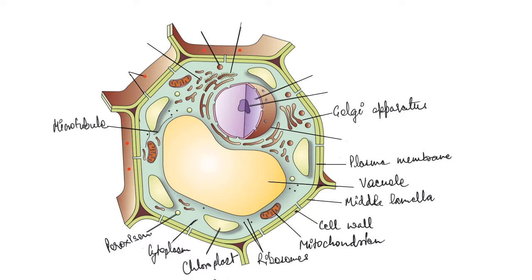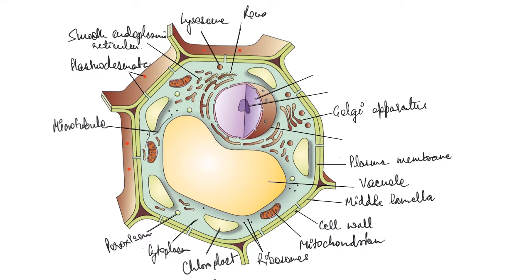You have some openings which are plasmodesmata. You have smooth endoplasmic reticulum. You have lysosomes. You have rough endoplasmic reticulum, right?